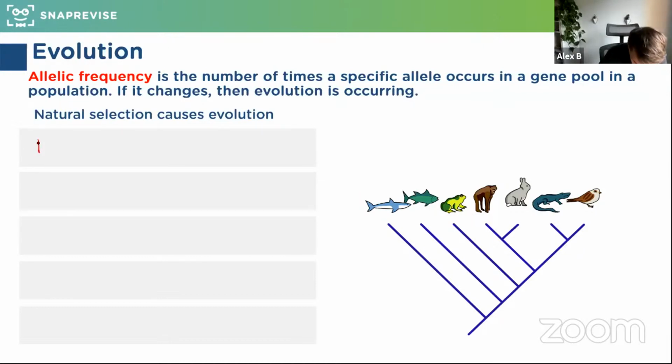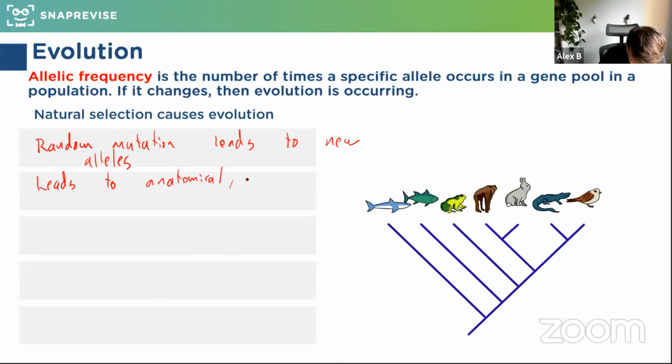Nice. So random mutation leads to new alleles. This leads to anatomical, physiological, spelled with a Y, not an I, and behavioral differences.